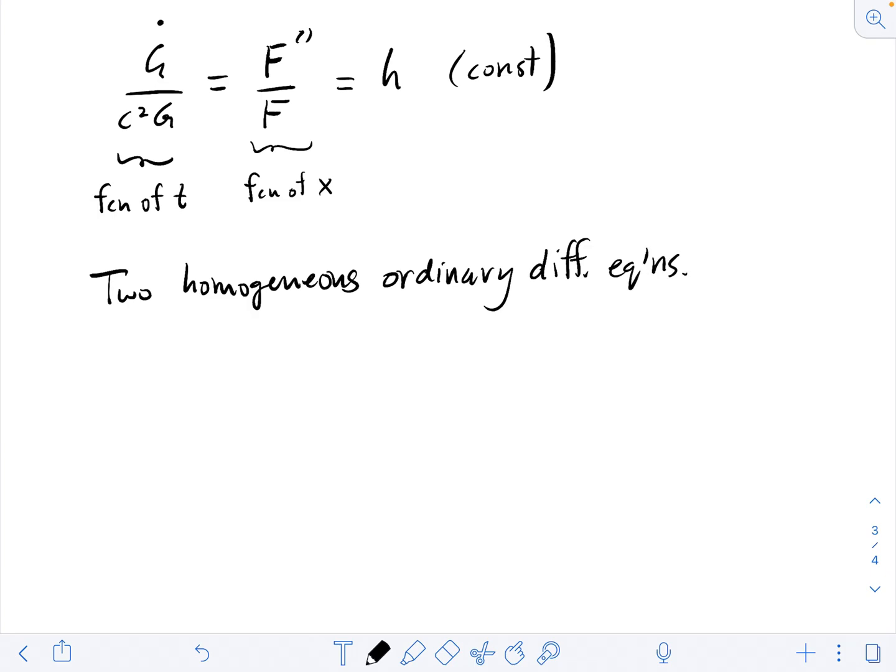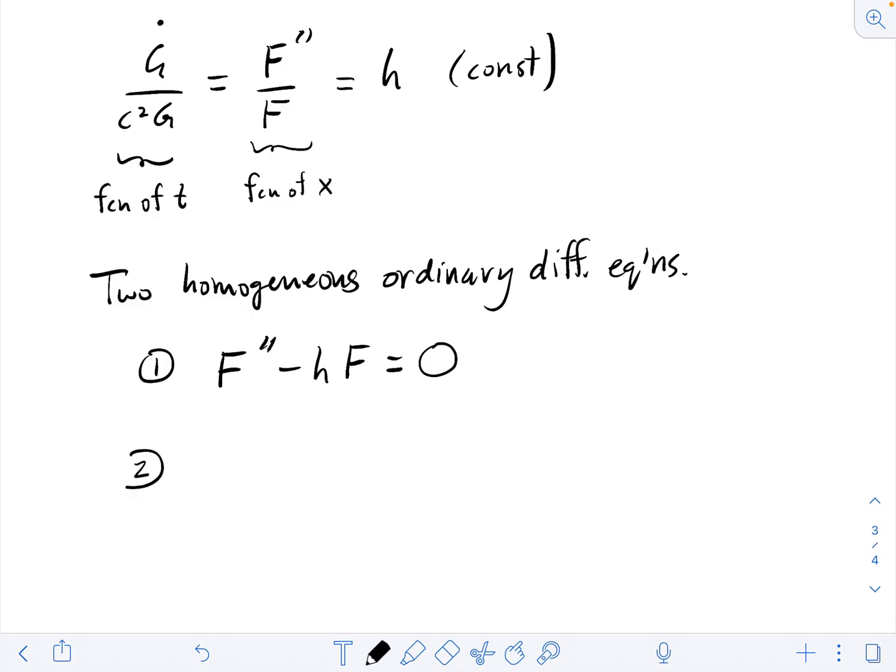First, let's deal with the f. So we have f double prime over f is equal to h, or equivalently, f double prime minus h times f is equal to 0. And so the homogeneous part means that we have some stuff involving f and its derivatives equal to 0.